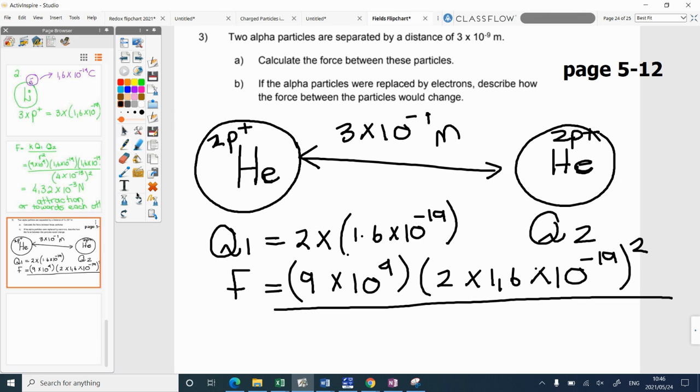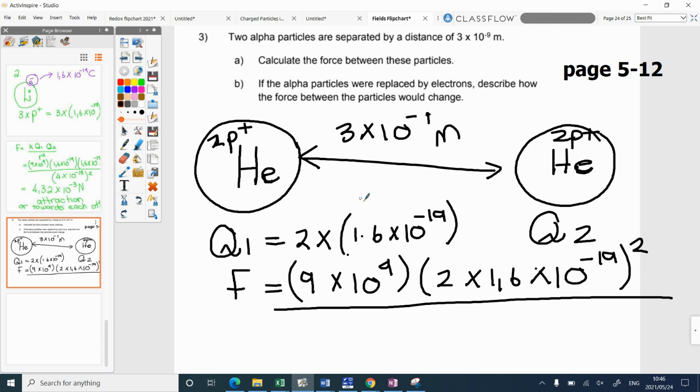So now, 2 times 1.6, is that the answer? Yes, because the charge is 1.6 times 10 to the minus 19 on one proton, but a helium nucleus has 2 protons. So this is the charge on one alpha particle, and the other Q is also an alpha particle. I want you to get used to this because sometimes Q is the unknown, and then you forget that if they're the same, I can just square them and the math becomes easy.